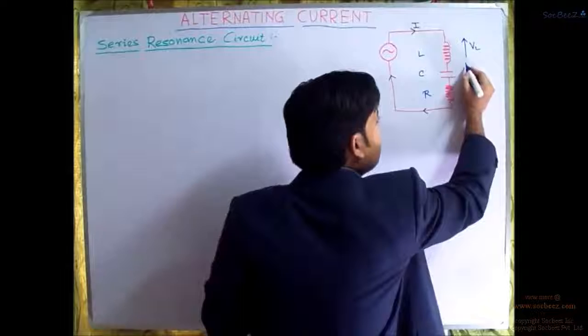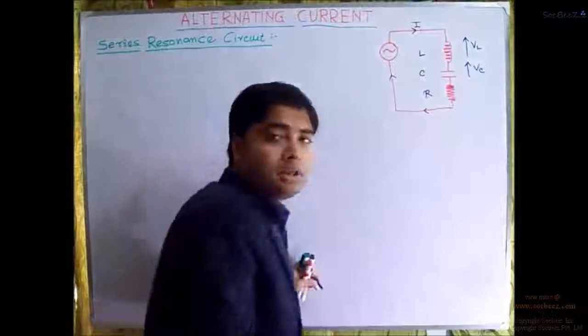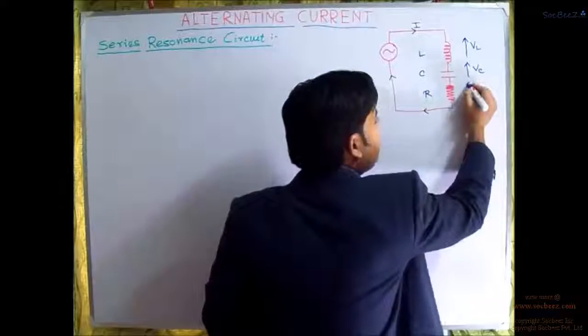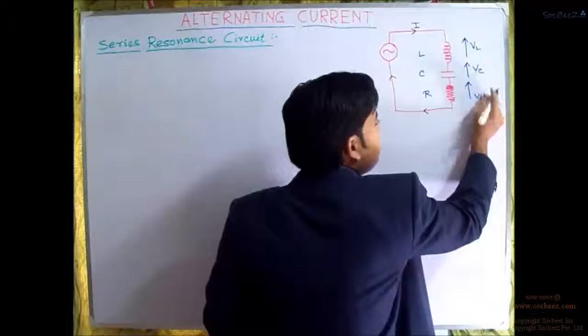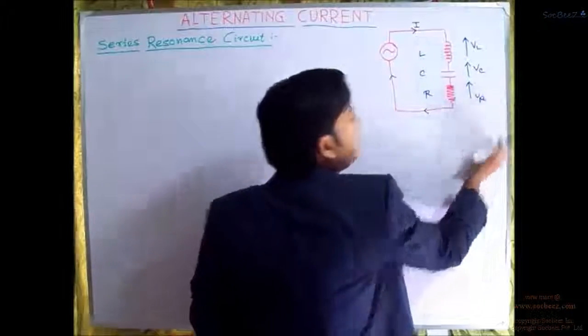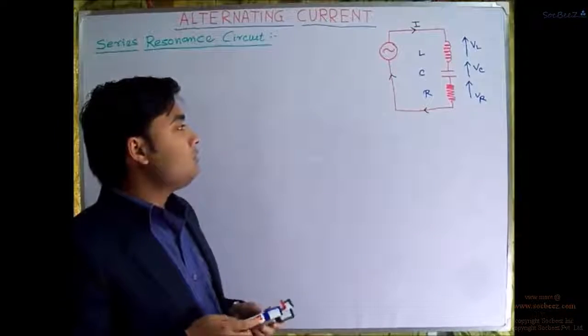Over here is the voltage across the capacitor, VC, and for the resistor we observe the voltage VR.